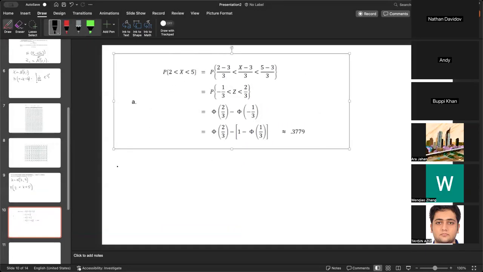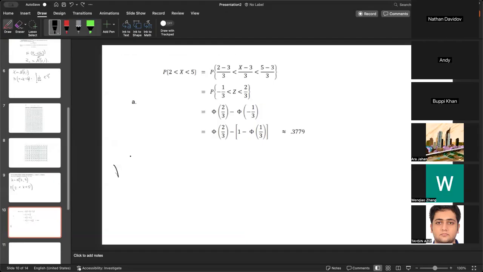To find the probability that X is between 2 and 5, we actually have to standardize this.